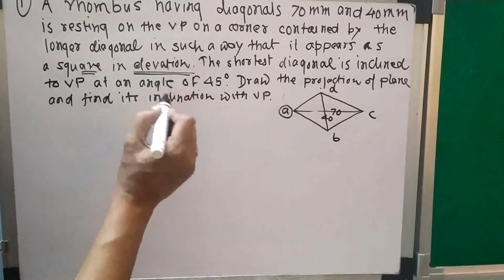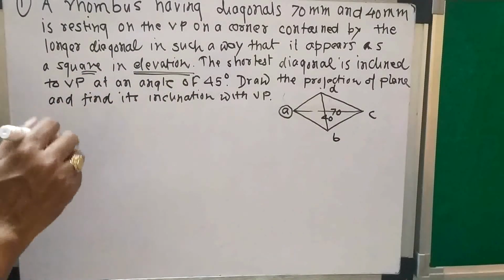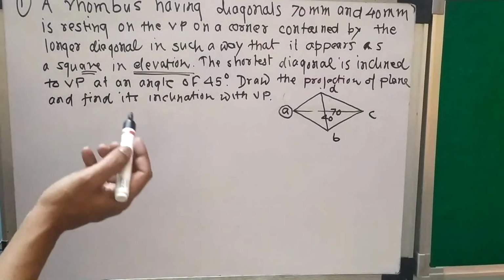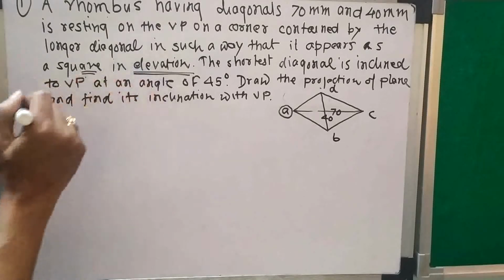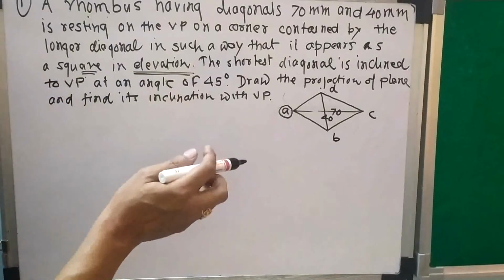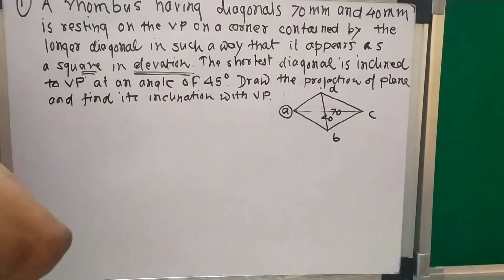Now, as we know that the surface is inclined to the vertical plane because the rhombus appeared as a square in the elevation, we make the surface parallel to the vertical plane, or we lay down the surface in the vertical plane.